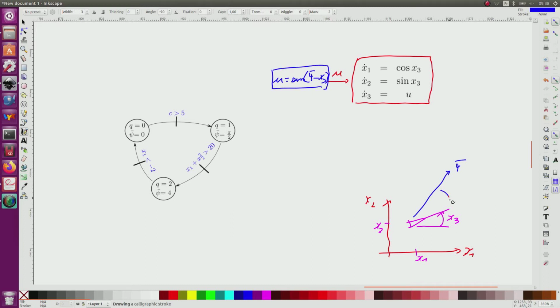So I consider this error and I take the sign because sometimes I can have some jump of the measurement of x3 that are more or less 2 pi, and I want to filter the jumps of 2 pi. Okay, now here the input will correspond to psi bar. This is a control system.